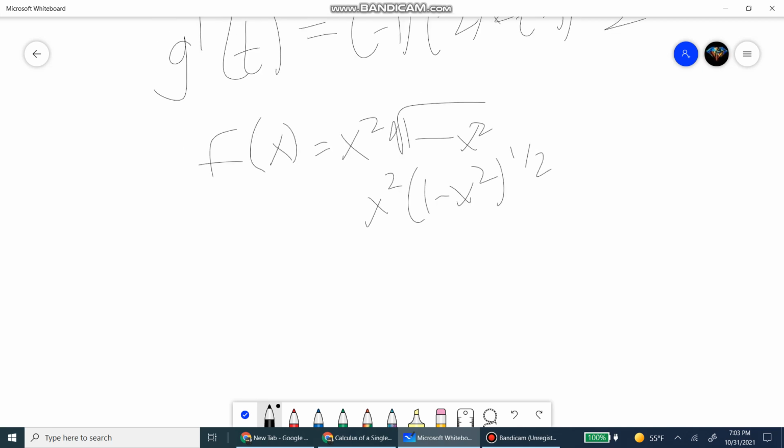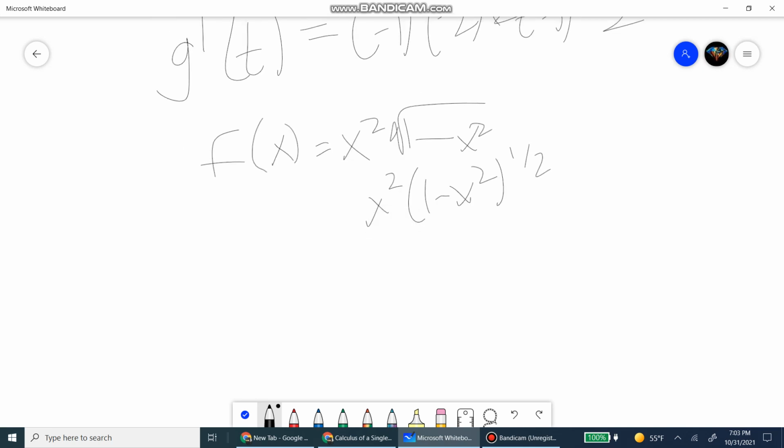As you can see, you're not using power rule with x, you're using power rule with 1 minus x squared. So at the end, you would just multiply by the derivative of 1 minus x squared, which is just negative 2x. I won't do all the work here, but you would just do product rule with these two. And then once you do product rule, you use the power rule, of course, for the inner function. So you're basically applying chain rule.